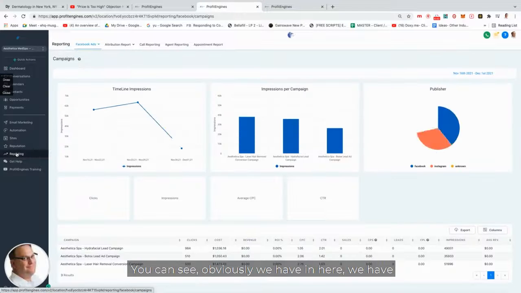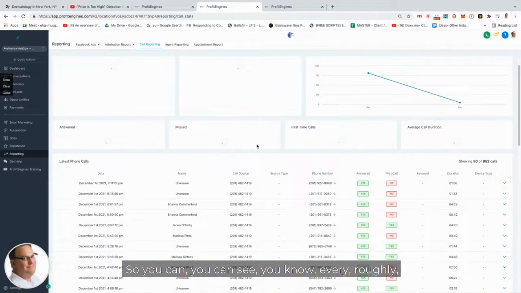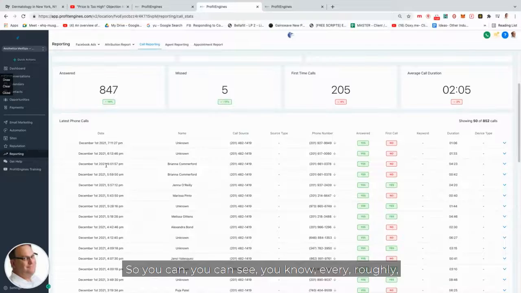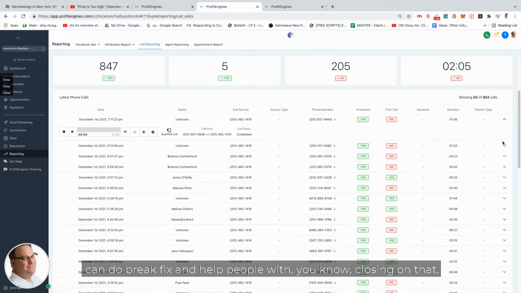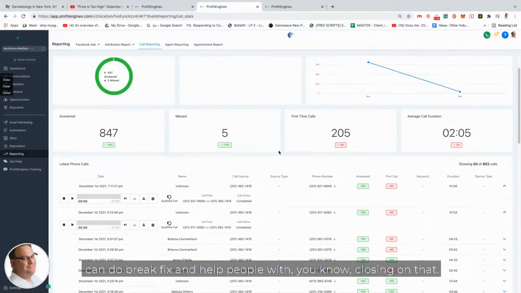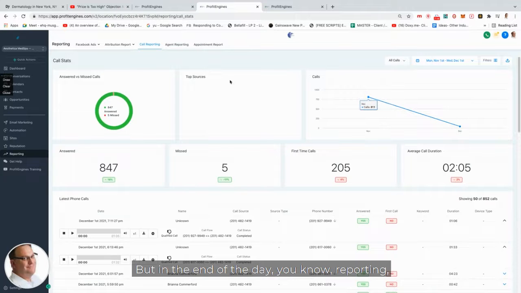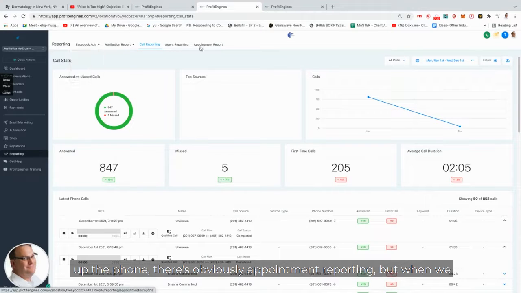You can see, obviously, we have call reporting, so you can see almost every half an hour there's a phone call coming through, and of course all these calls are recorded, and you can do break fix and help people with closing on that. In the end of the day, there's agent reporting by person who's picking up the phone, and appointment reporting.